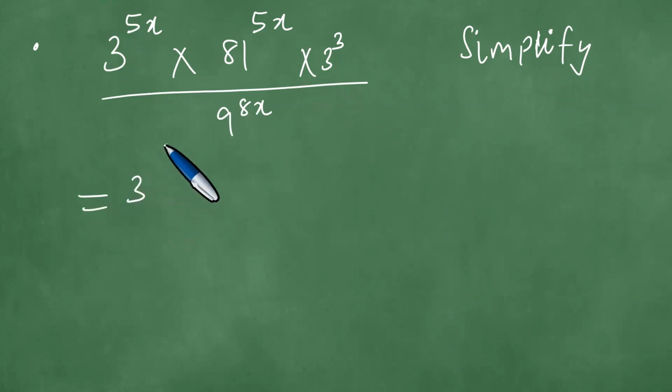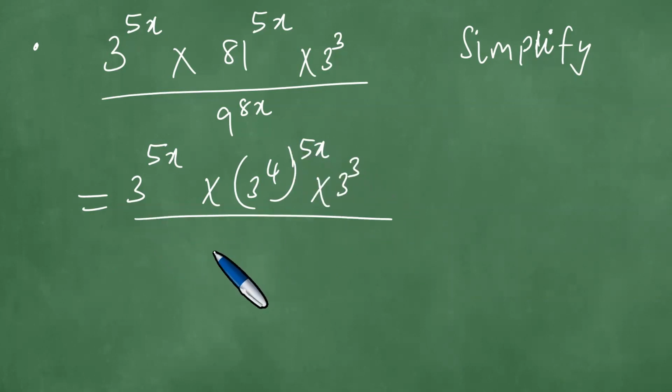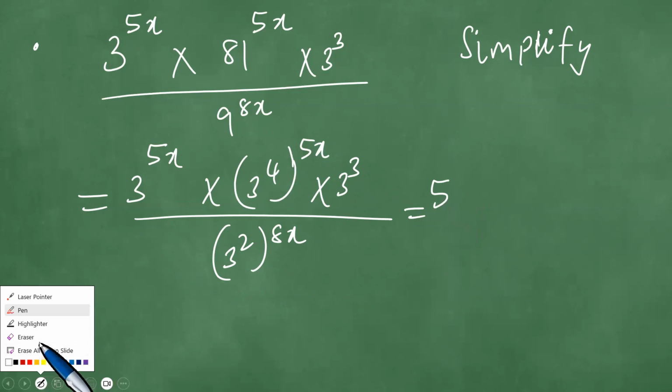So this is 3 to the power 5x. This is 3 to the 4th power. This is 3 to the power 3. This is 3 squared. So this is 3 to the 5x.